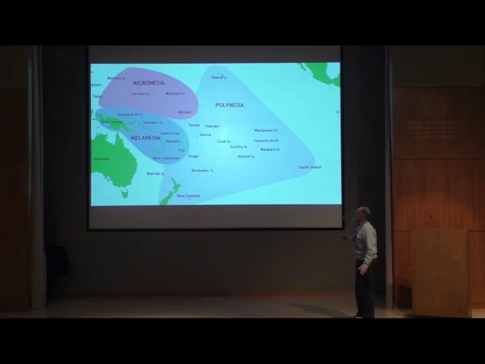Micronesia, we divided in Polynesia, different groups came. It wasn't something that all of them came, no, there were different waves, and consequently, there are differences among these people, okay?